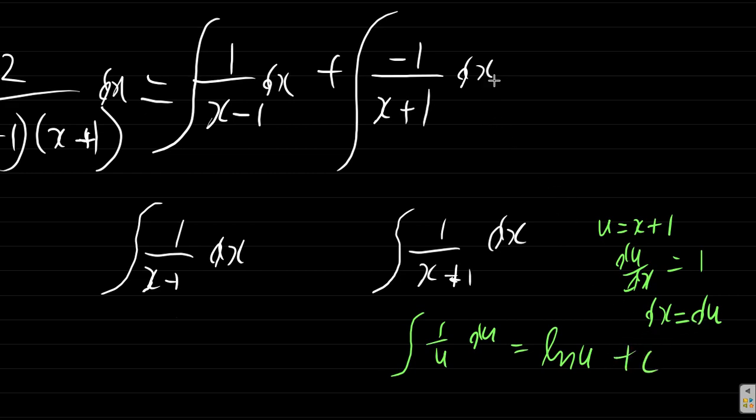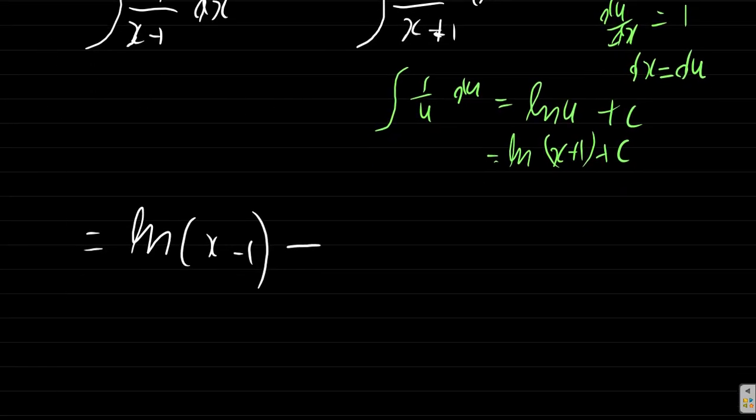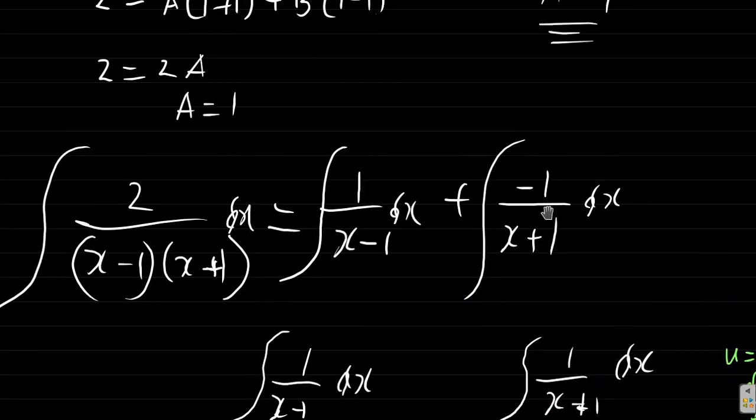You can't put the plus c yet because there's nothing else out here to add to it. Ln u plus c. But u is x plus 1, and you want to end up with a function of x instead of a function of u, because you're the one who had put the u in there. So it's ln of x plus 1 plus c. Right? So the answer for that is ln of x minus 1 minus ln of x plus 1 plus c.